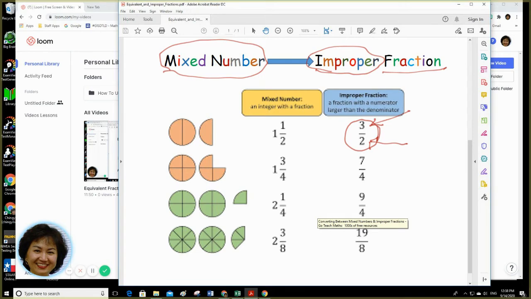3 is bigger than 2. When the numerator equals the denominator, the value of that fraction is 1. If these two are equal, like the examples 2/2, 5/5, 20/20, this all equals 1.